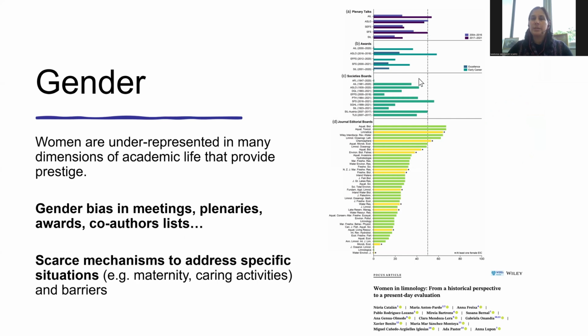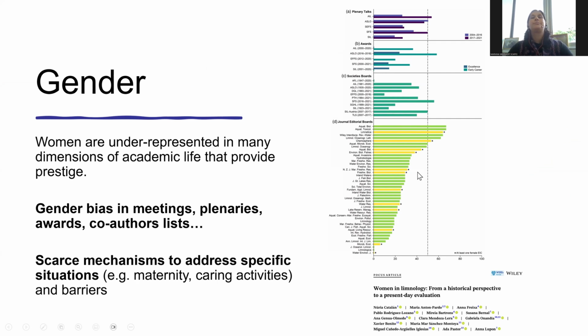Here in this figure, we can see the representation of females. The dotted line is the 50-50 male and female participation in different dimensions, like the plenary talks in limnological congresses, the awardees of very prestigious awards, the boards of scientific societies, and the female participation in the boards of different journals.